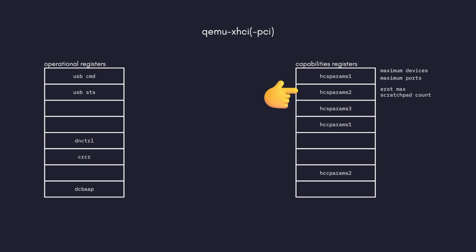Then we want to look at the event ring. Just like we want to send the device commands, the device wants to tell us events that have happened, and that's what the event ring is for. Now, the ERST max register that I mentioned does not contain a pointer to that event ring. It simply indicates how many entries there can be into a table that indicates where that pointer is. I know that sounds a little bit complicated, but essentially, we're not going to define the event ring directly.